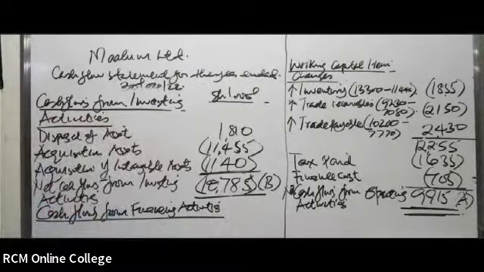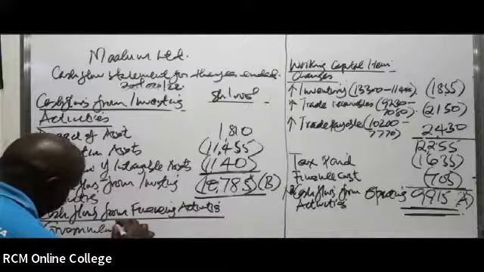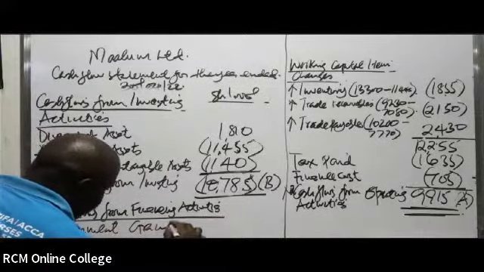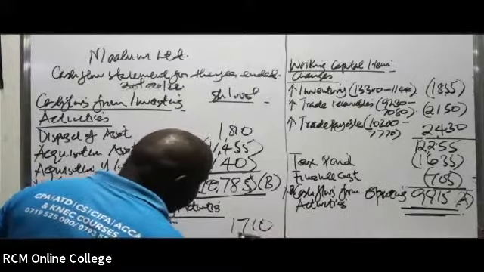On the cash flows from financing activities, we have the government grant. Now the government grant comes here as an inflow. That's why we are deducting there. The government grant is now 1710.